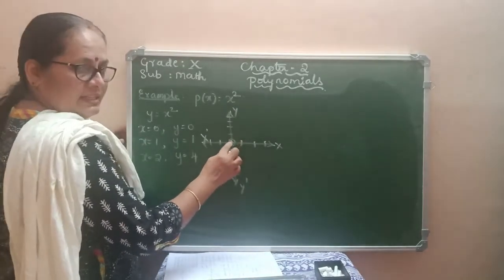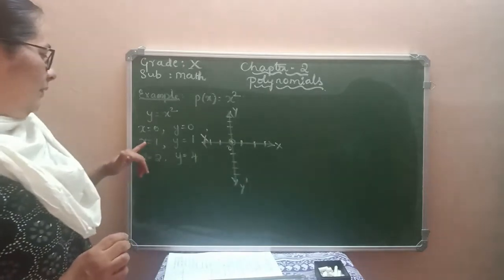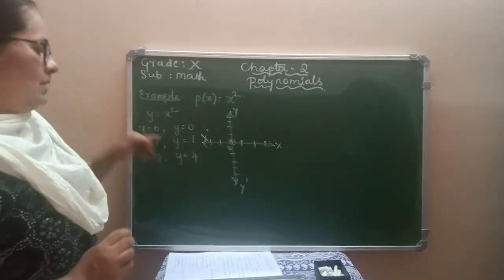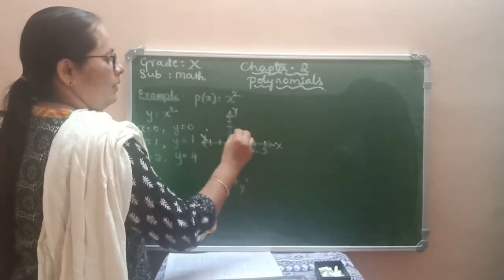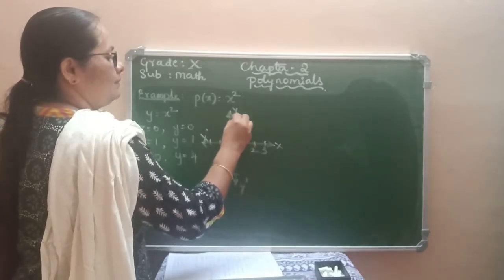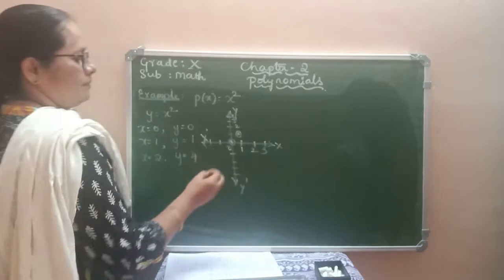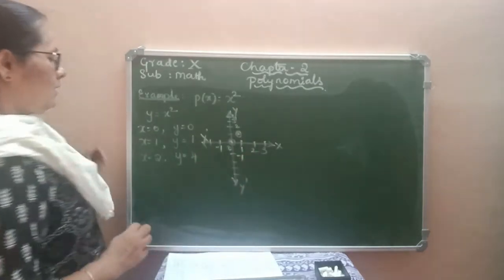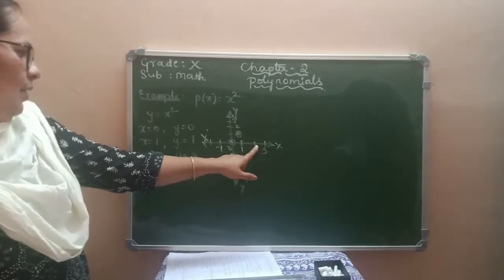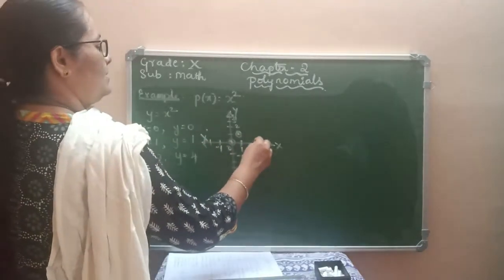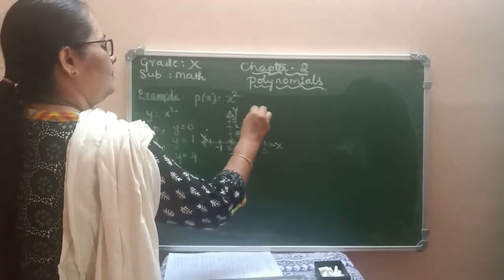The point is here. Then when x is 1, y is also 1, here. Then when x is 2, y is 4.